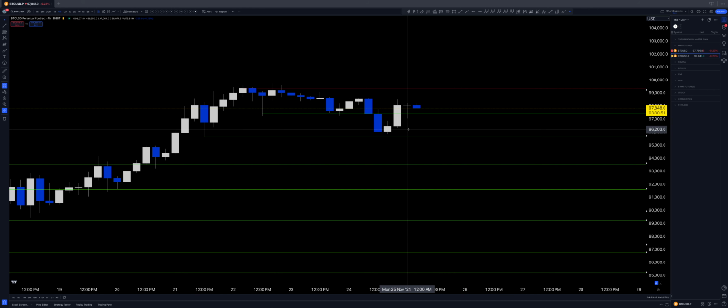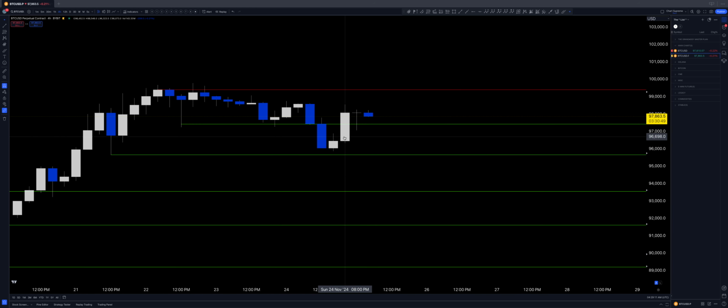For instance, we're going to start off with this candle here. Candles in general have an open, a close, a low, and a high. You may be familiar with the term OHLC: open, high, low, close.